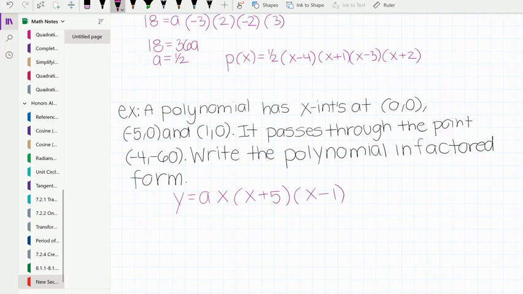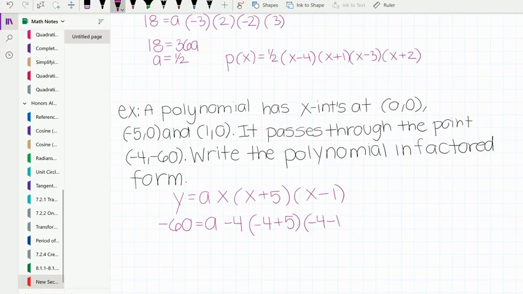This is a third degree polynomial because we have 3 x-intercepts, which would mean it would have 2 turning points. Then we're going to plug in the -60 for y, and the -4 for x. Anywhere you see an x, you plug in that -4.